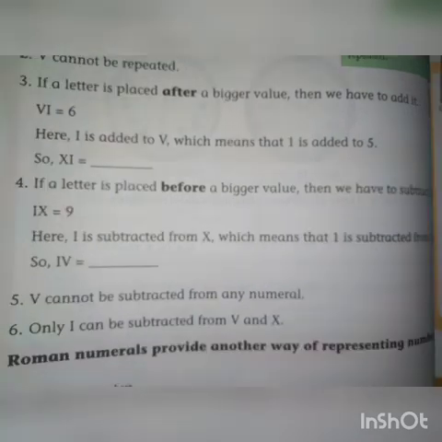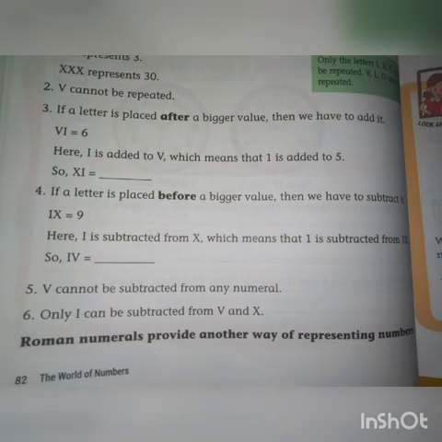Look at the third rule, children. If a letter is placed after a bigger value, then we have to add it, which means letter V is used for number 6, so we have to add I after V. Here I is added to V, which means that 1 is added to 5.